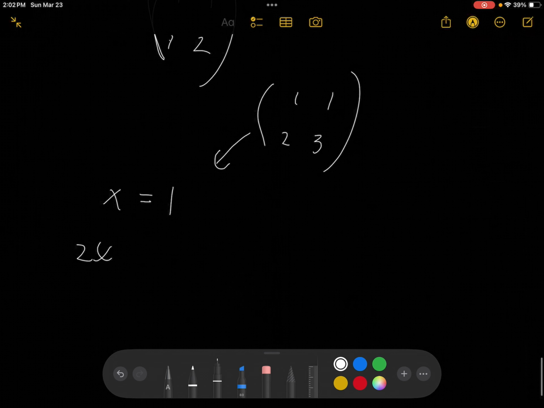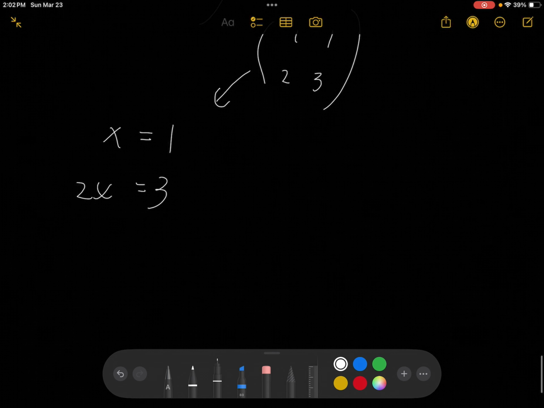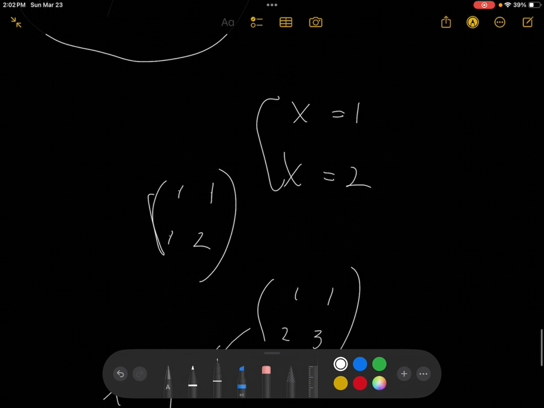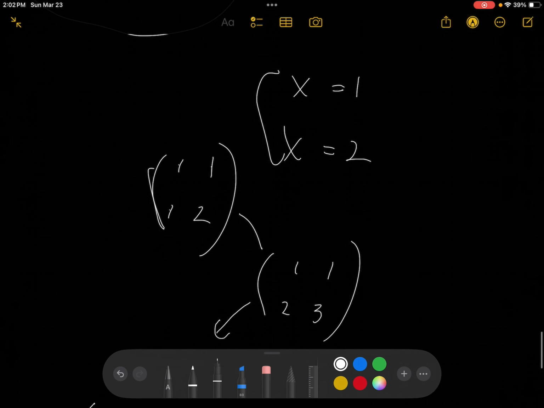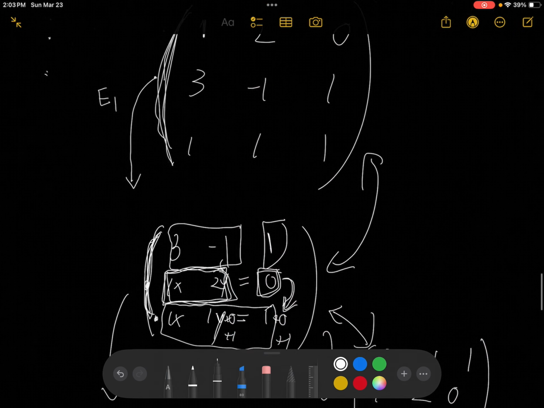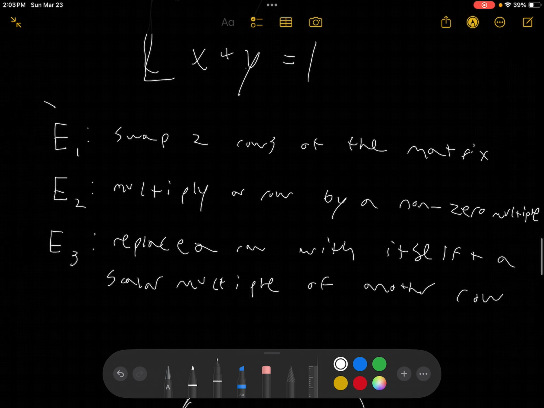And converting this to a system of linear equations, we see x equals 1 and 2x equals 3. And we see that the solution set of this system is still the empty set. So the solution set of these two matrices is the same, thus these are equivalent matrices.